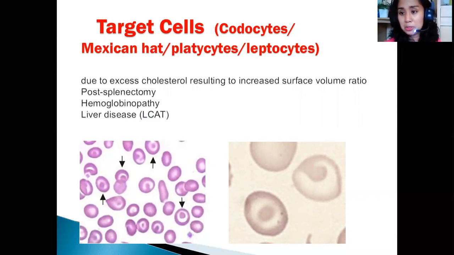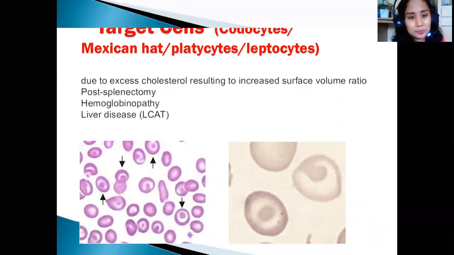Sabi nila kasi, medyo magkamukha ang mga Mexicano at Filipino. So, PHL: post-splenectomy, hemoglobinopathy, and liver disease. Target cells.